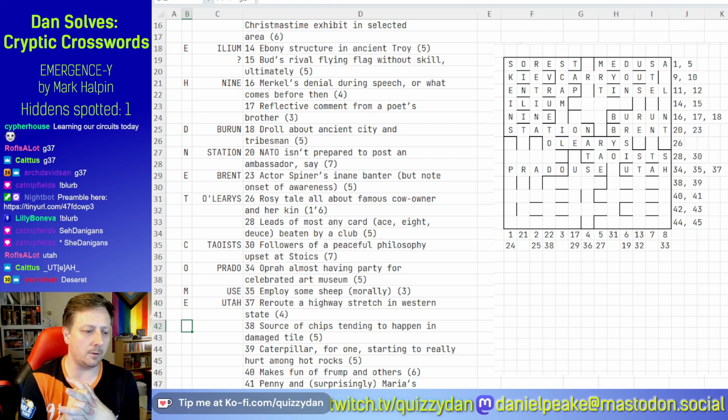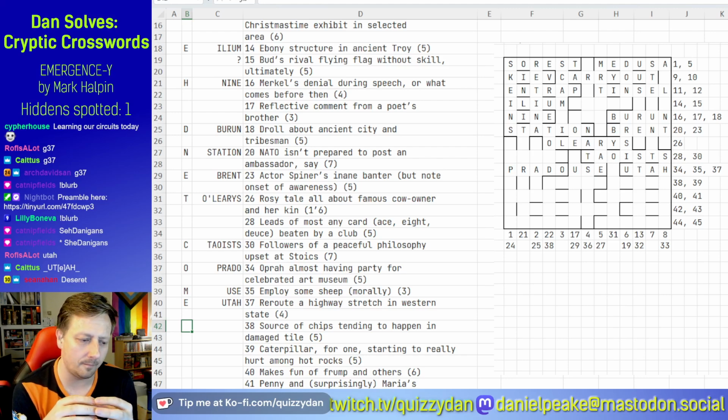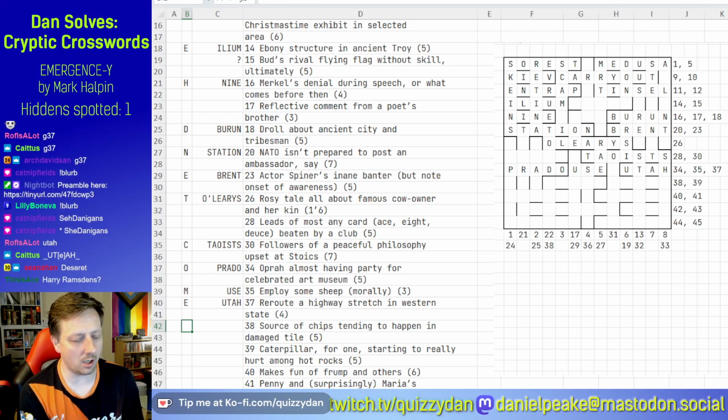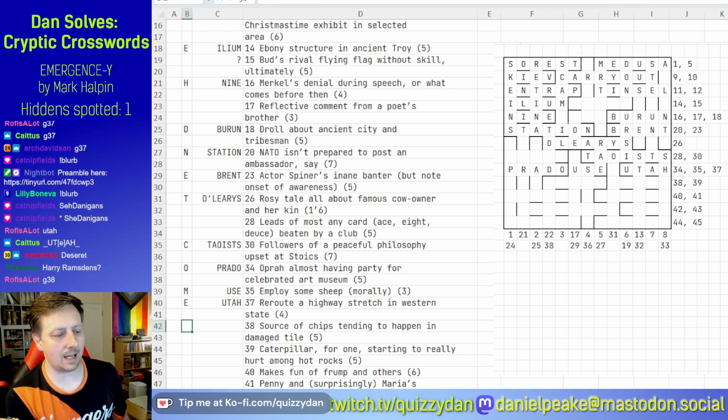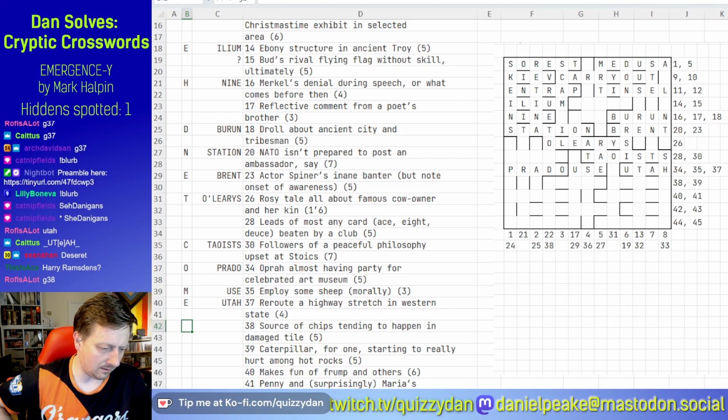Source of chips tending to happen in damaged tile. Source of chips is C. Tending to happen. Or ending to happen. Would be N. Oh. CN in damaged... Ending to happen N in damaged tile. How about that? So N in an anagram of tile. Let in. Source of chips. An inlet? It's an anagram of inlet.